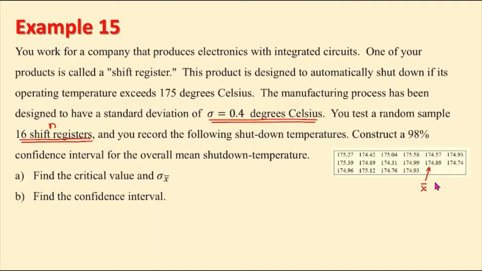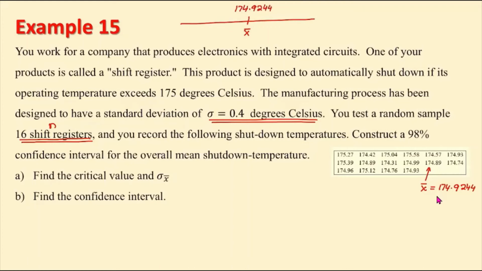If you enter this data in your calculator and calculate the mean, that should be 174.9244. That is the sample mean, or the point estimate. Meaning, if we are constructing the confidence interval, the value that goes in the middle, the point estimate, will be 174.9244.